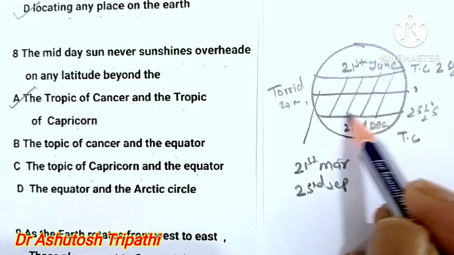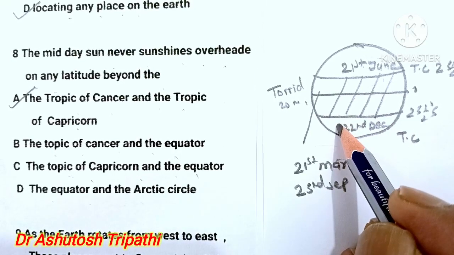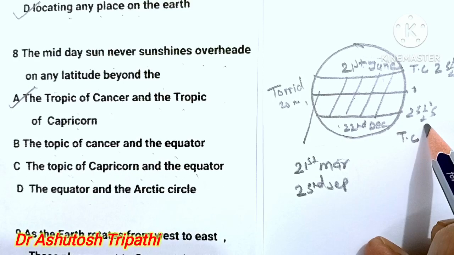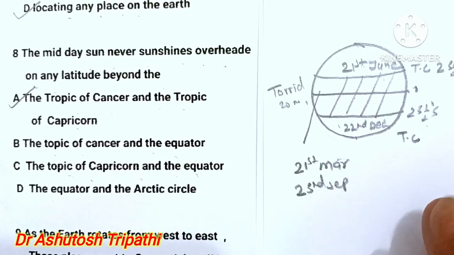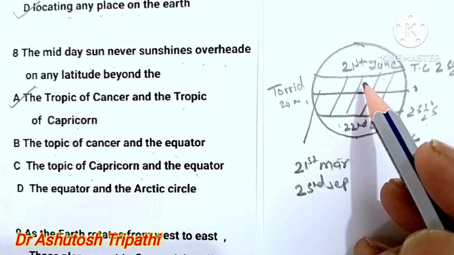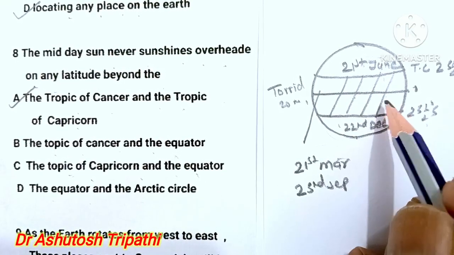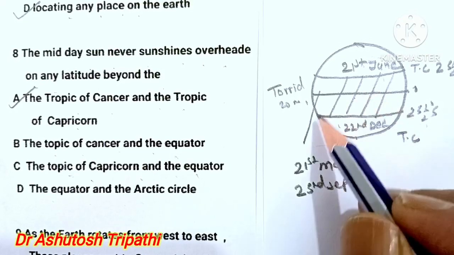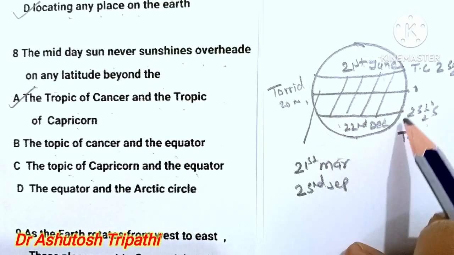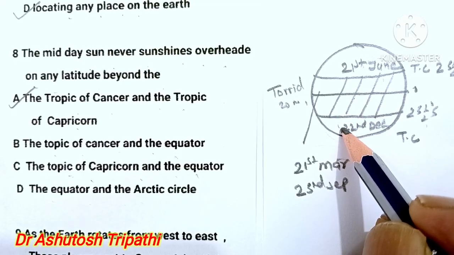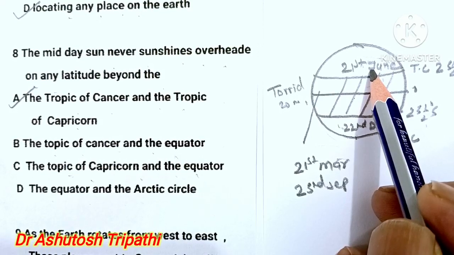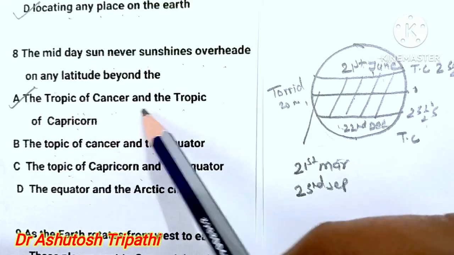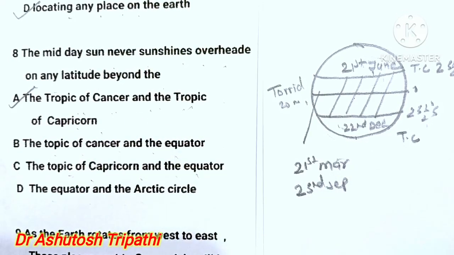On the 22nd December, when the sun is vertical over the Tropic of Capricorn, the southern hemisphere feels summer and the northern hemisphere feels winter. The reverse position is there in December. The southern hemisphere has long days and short nights as compared to the northern hemisphere, which has short days and long nights. The answer is the Tropic of Cancer and the Tropic of Capricorn.